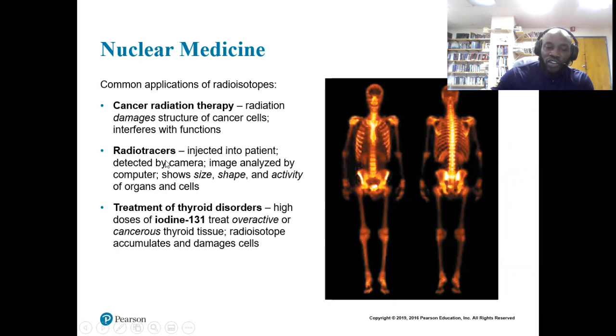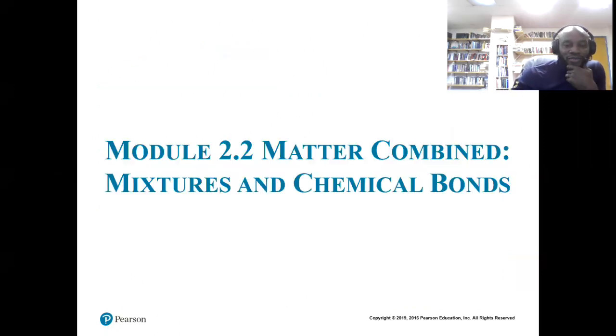You can also use them as radio tracers injected into the patient, and we can actually detect where they travel to, and for treatment of thyroid disorders. It's nuclear medicine because those radioisotopes are from the nucleus of the atom, extra neutrons in the nucleus. So it's nuclear medicine.